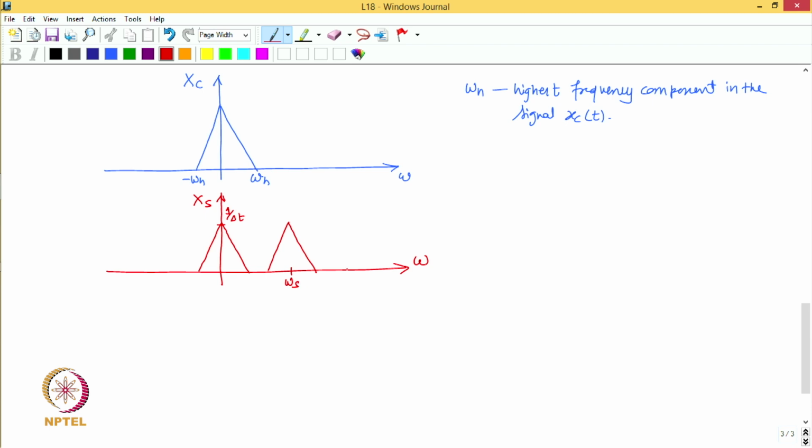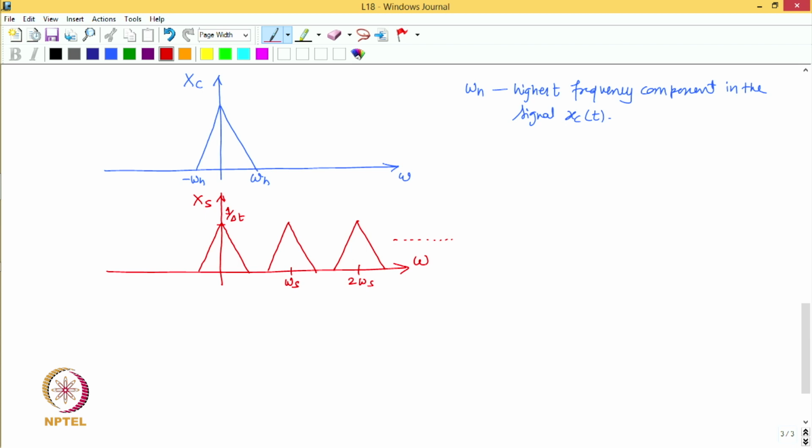Then we have the term X_c(omega minus 2 omega_s), which is nothing but X_c(omega) shifted by 2 omega_s. So we have another copy of X_c(omega) located at 2 omega_s. In this way we have copies going up to infinity.